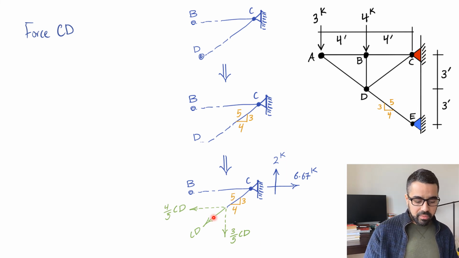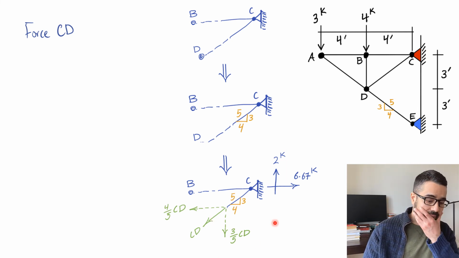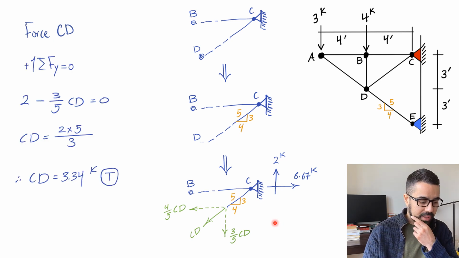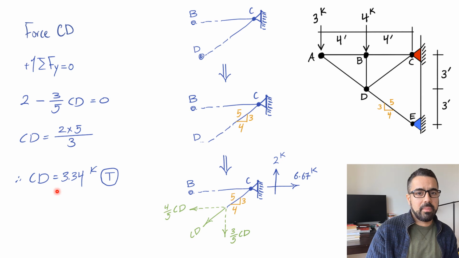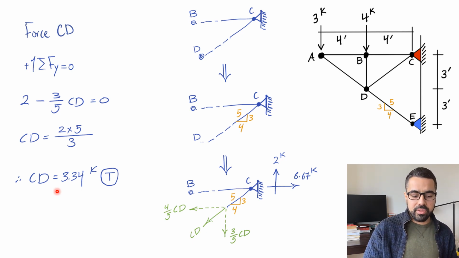And then we have this component 3 over 5 CD, and that's going to give us the right number. So 2 is positive because it's going upward, minus 3 just because it's going downward. We assumed it to be in tension, and we got 3.34 kip in tension, and that was the force for that member. So we found the reactions, and then we found the forces in member AD, BD, and CD.